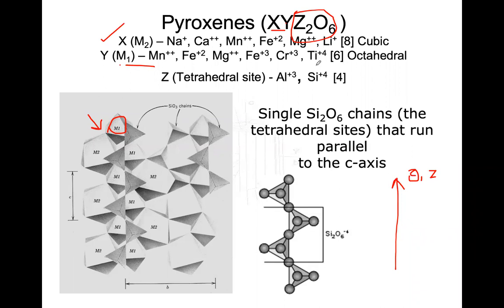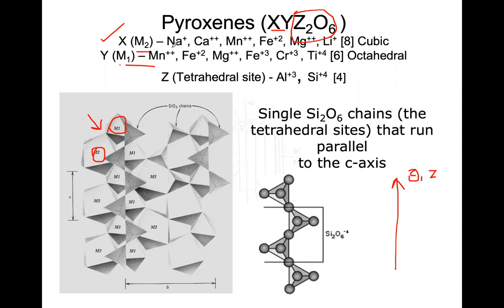The M2 site is a little bit bigger. The X cations fitting the M2 site are sodium, calcium, manganese, ferrous. Again, some ferrous and magnesium can also occupy there. But some other cations cannot.